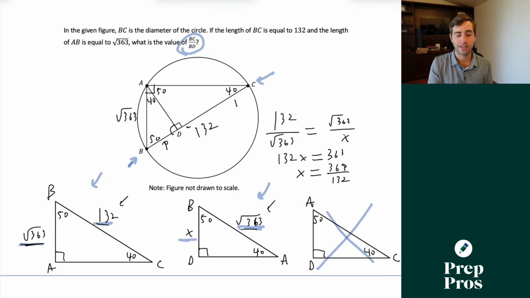And so that's the value of BD. So if we're doing BC over BD, we are simply going to be doing the 132 over 363 over 132. There's our BC over BD, and this ultimately is going to be equal to 48, and we can find our correct answer.